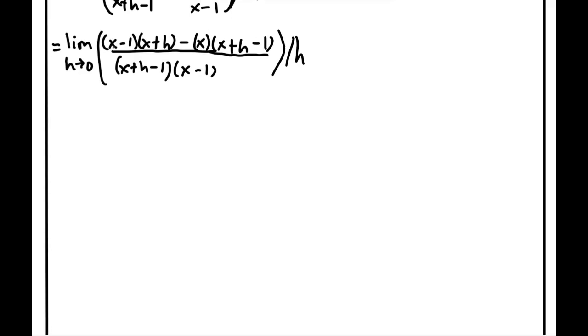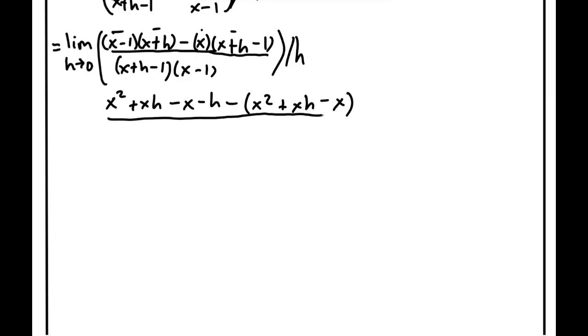Now let's simplify these brackets, these two, and also this side. We have x multiplied by x, that's x squared, x multiplied by h, that's xh, negative 1 multiplied by x, that's minus x, negative 1 multiplied by h, that's negative h, then minus, let's keep the negative outside, x multiplied by x, that's x squared, x multiplied by h, that's xh, x multiplied by negative 1, that's minus x.